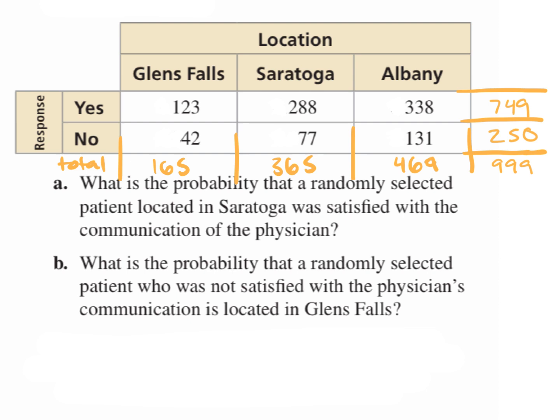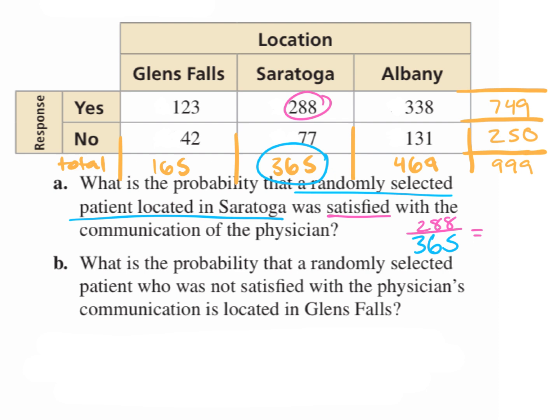So what's the total amount of people that we're looking at here? 365. We're randomly selecting a patient located in Saratoga. So out of all the people surveyed in Saratoga, that was 365. How many of those 365 were satisfied with the communication? 288.